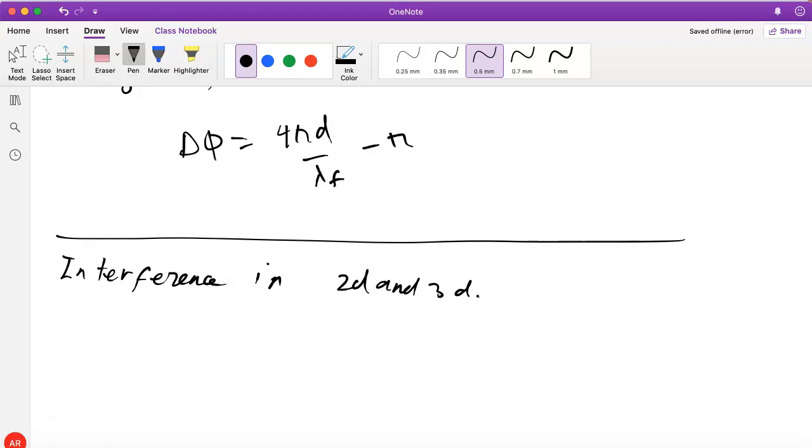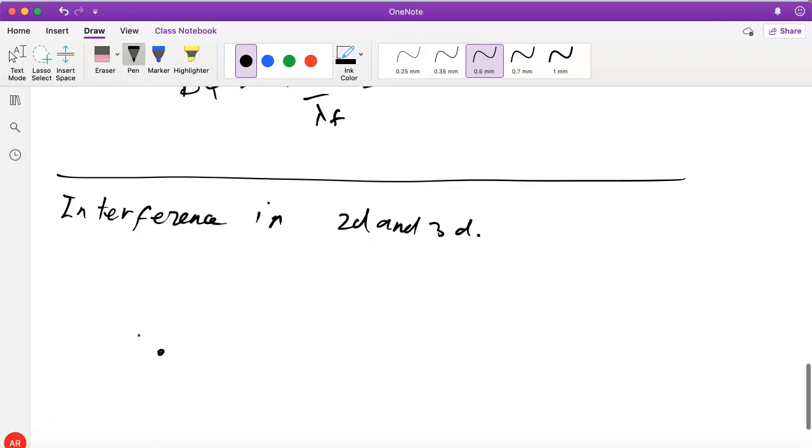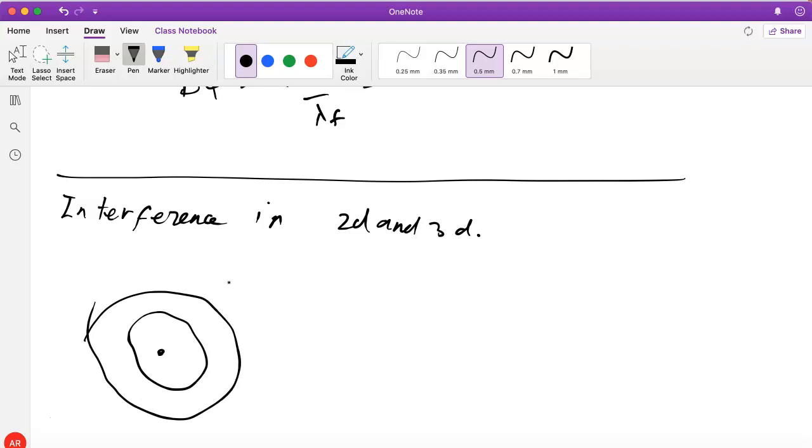And you have these wavefronts that propagate away from the source, and basically at some given point the phase depends on the distance to the source. So all of these points on a given circle have the same phase.